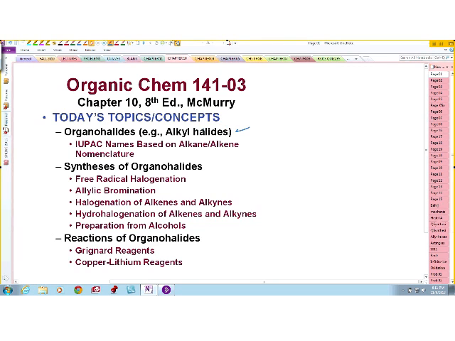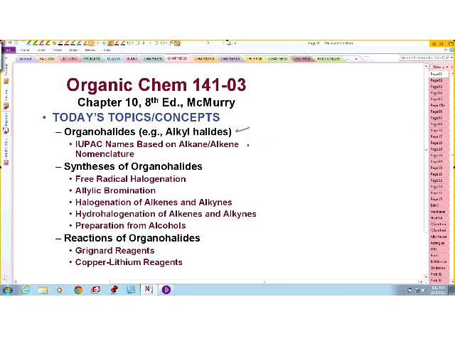Now in our discussion of organohalide chemistry, the good news is most of the topics that we are going to cover in this chapter, we have actually covered in previous chapters. For example, the nomenclature of organohalides, we've done that.